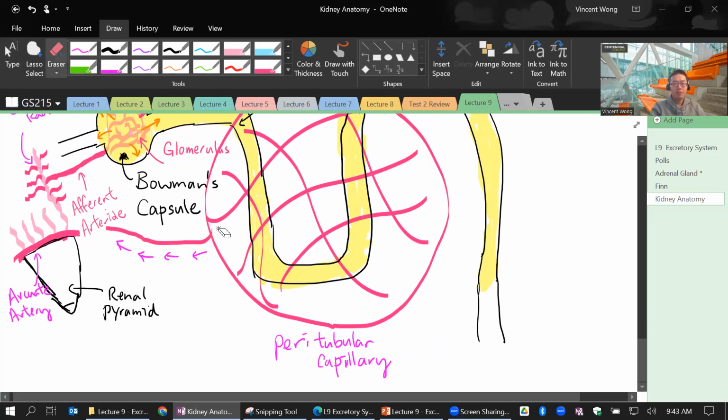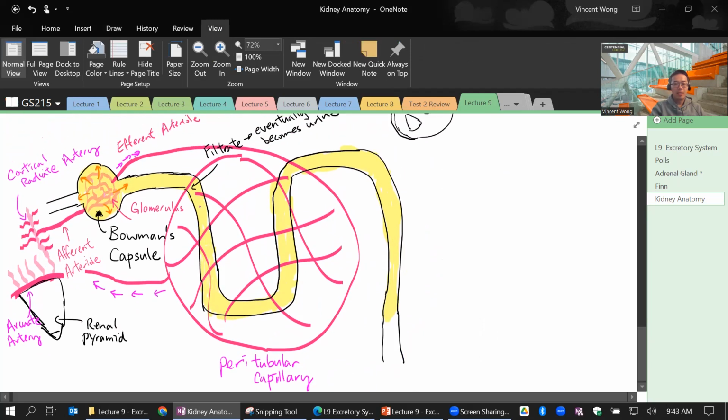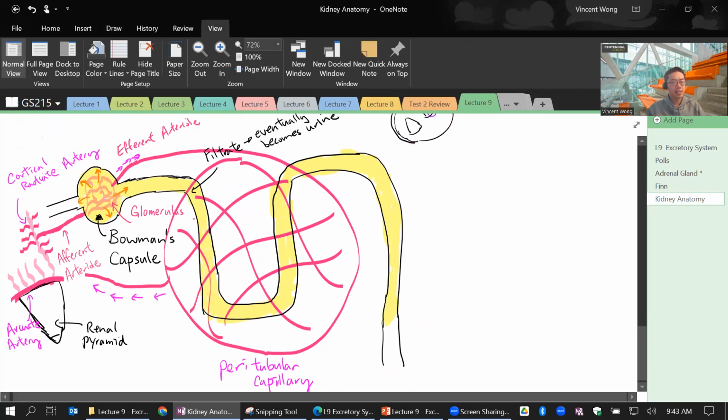And where does it go afterwards, the peritubular capillaries? Well, it will then become the cortical radiate vein again, right? And then the arcuate vein, and then it just goes all the way back. Okay, so that was the missing thing that we couldn't draw yet, because this relates to the nephron. All right, and I'll tell you the function of these peritubular capillaries in a bit.